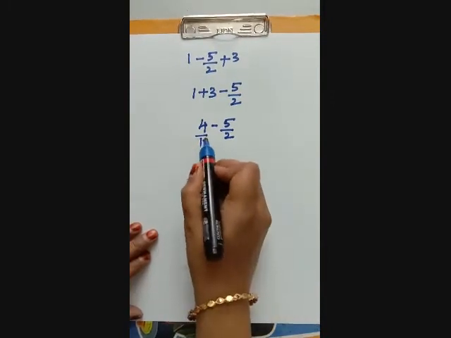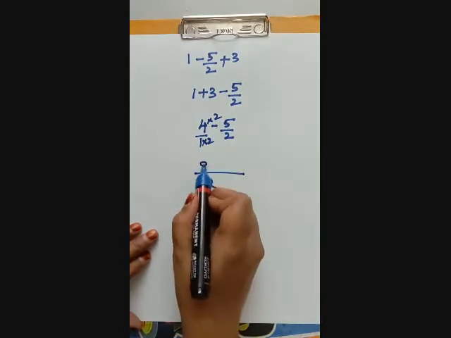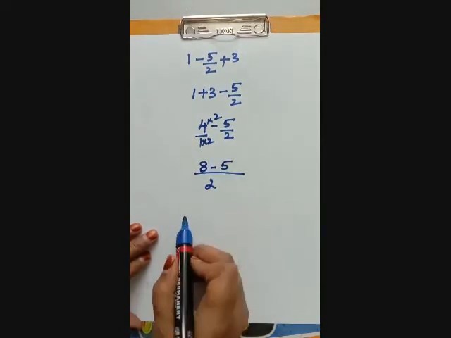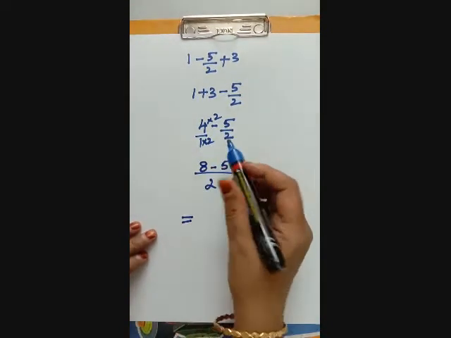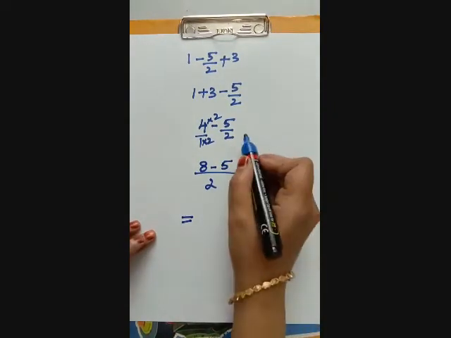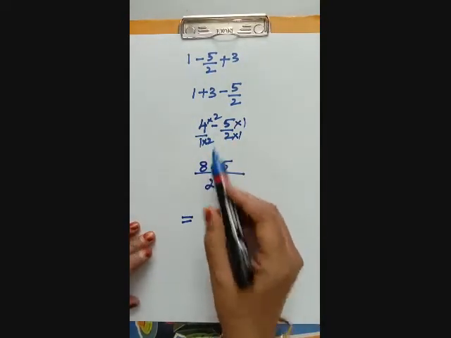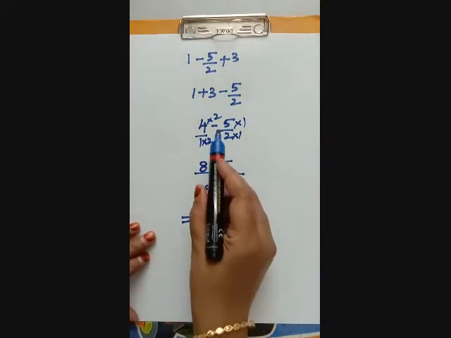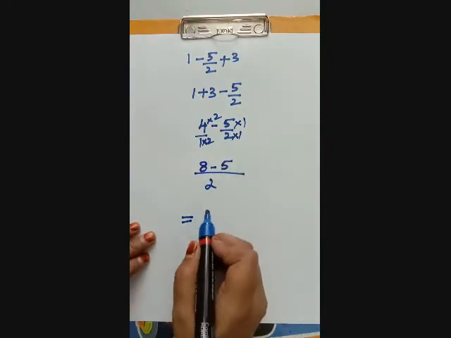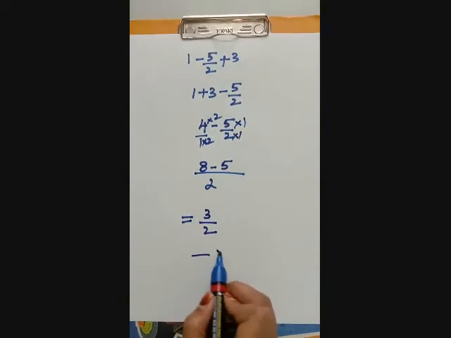You multiply 1 with 2 to get 2, so 4 twos are 8, minus 5. Here 2 is already there and the LCM is also 2, so we multiply 2 with 1. So 8 minus 5 is 3 by 2. Here we have completed the first bit.